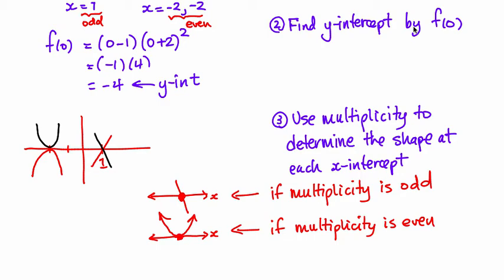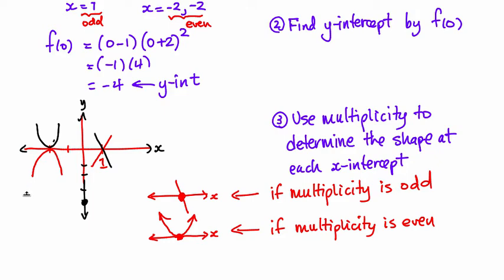I do know though that the y-intercept is -4, so if this bounces up, it's going to be hard to get to a y-intercept of -4, because it would have to come back down, which means there would be another x-intercept, and there isn't.